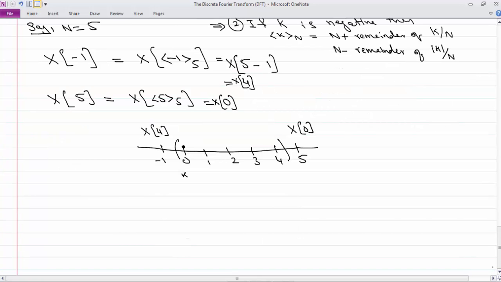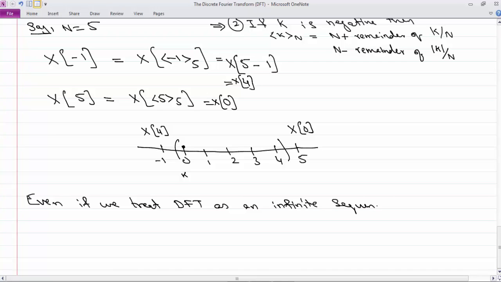So even if we treat the DFT as an infinite sequence, it has only n unique values, which go from x of 0 to x of n minus 1, and it repeats itself after that.